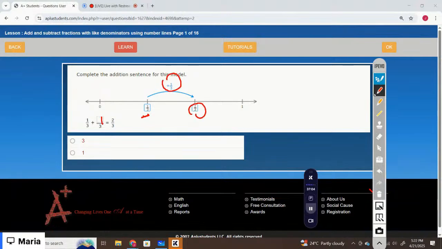So that means 1 by 3 is missing. So the missing number is 1.